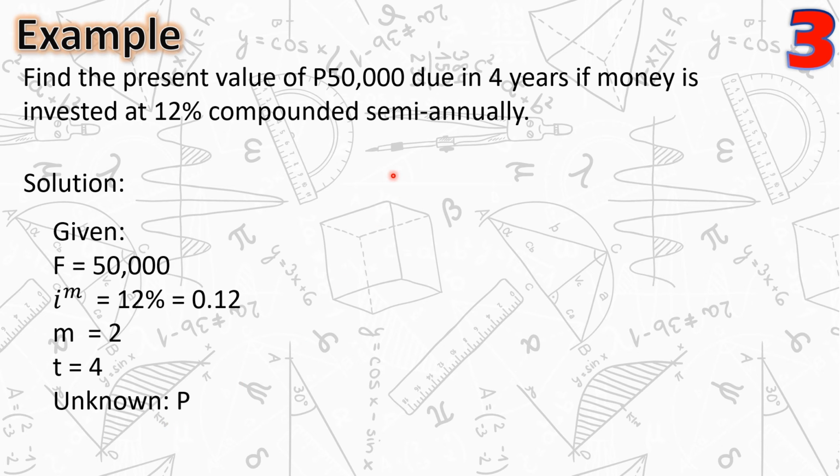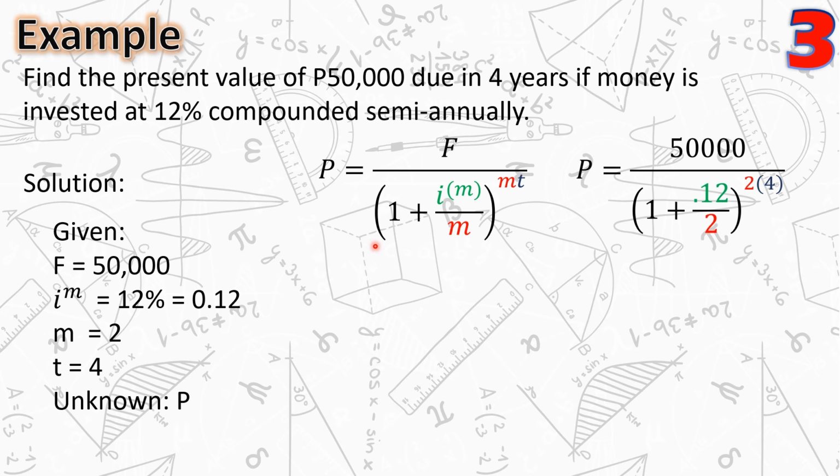Using the formula, all we need is to substitute all the values and then use our calculator to solve for the principal amount or the present value. Hence, that will be P is equal to 50,000 divided by the quantity 1 plus 0.12 over 2 close quantity raised to 2 times 4.